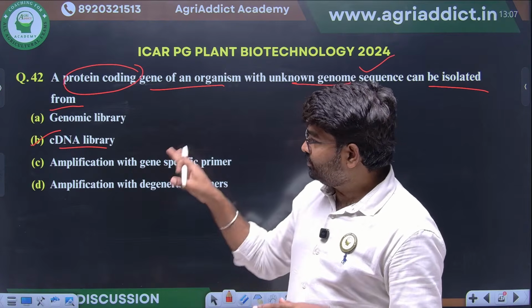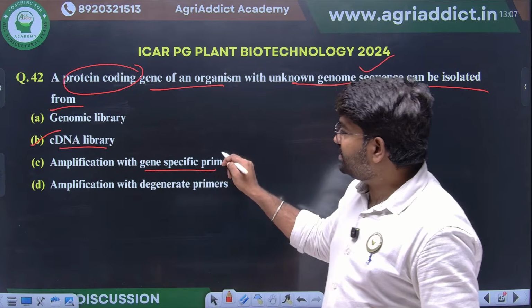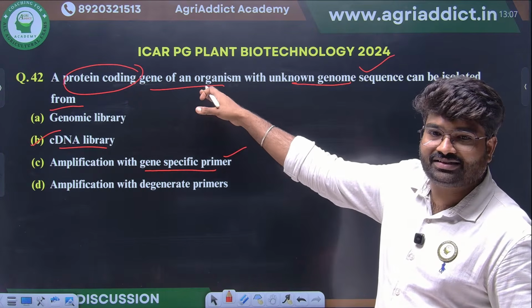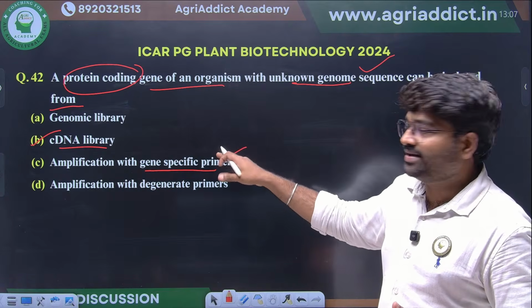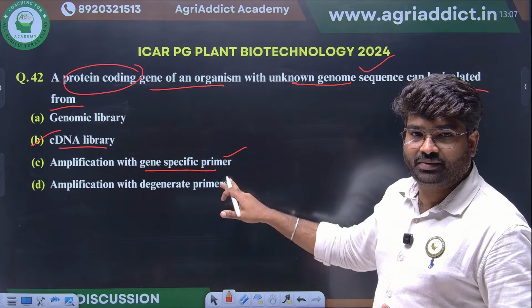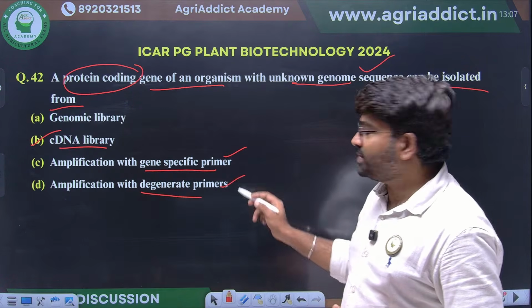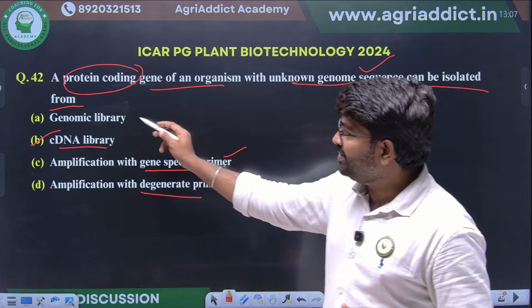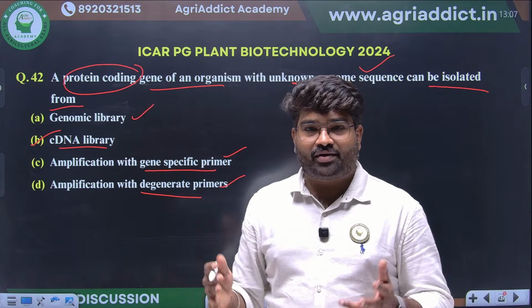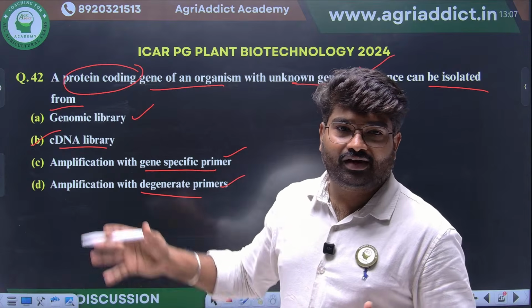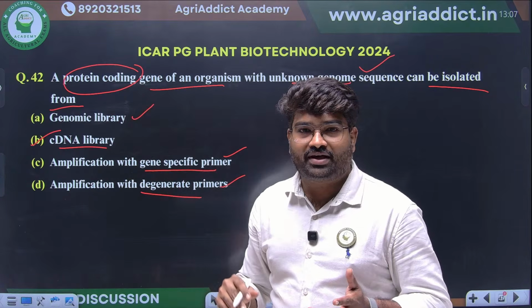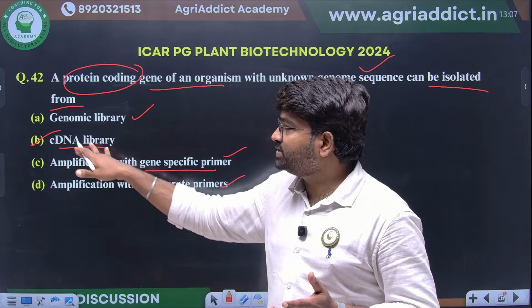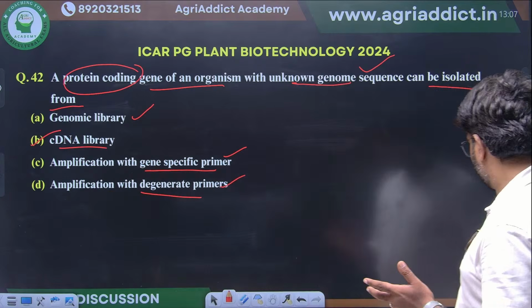Gene specific primers will not work, because with an unknown sequence, how can we design a primer? Degenerate primers we can use if there are any homologs. A genomic library will have introns and will not give exclusively the protein coding genes. So the right option is cDNA library.